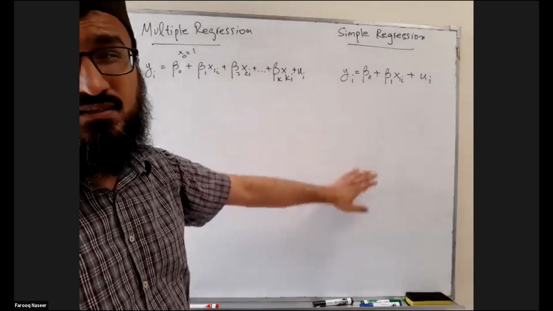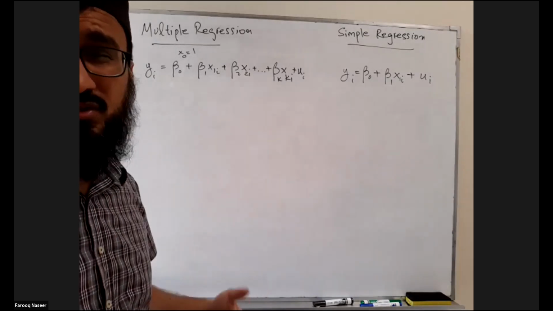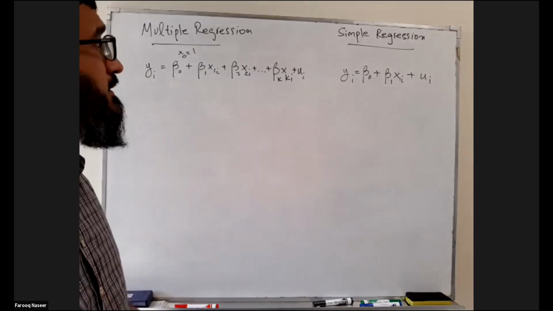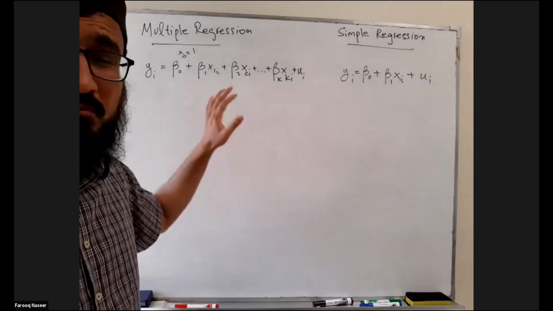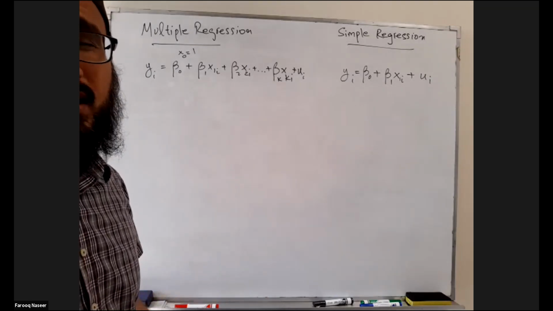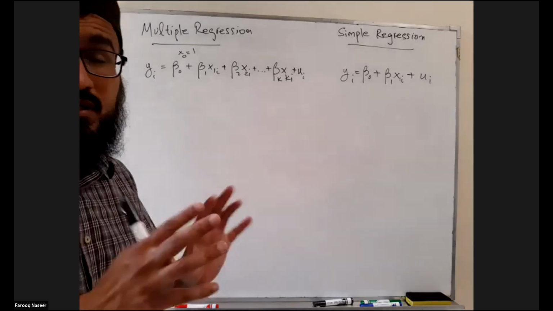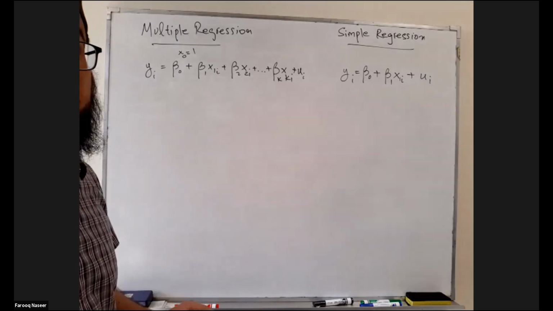So we've done that exercise for the simple regression. We don't need to do that exercise here because you need matrix algebra for that. We don't need to go through the math of that. We can just look at the end product, when you solve that system of linear equations, what do you get?